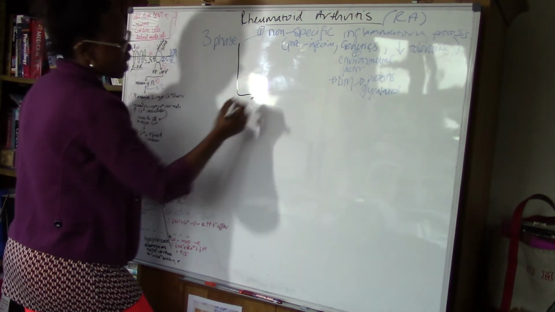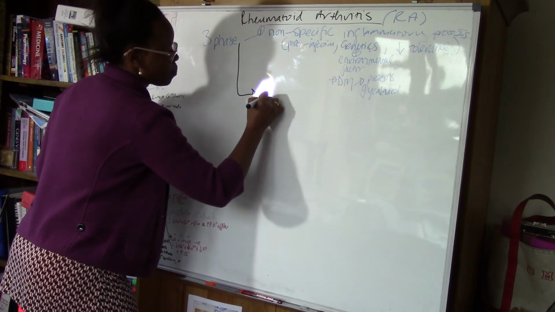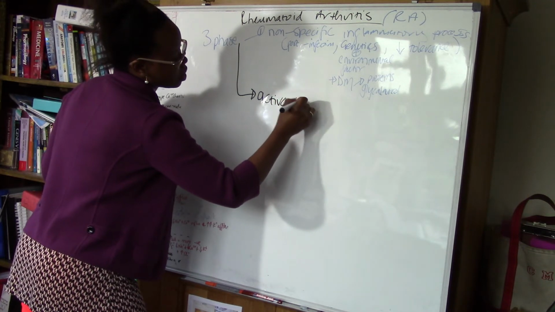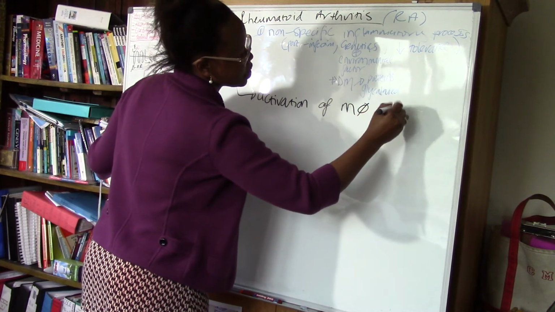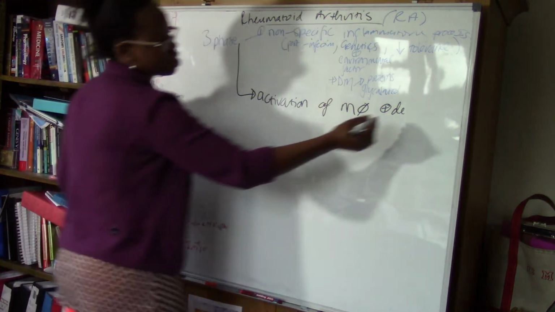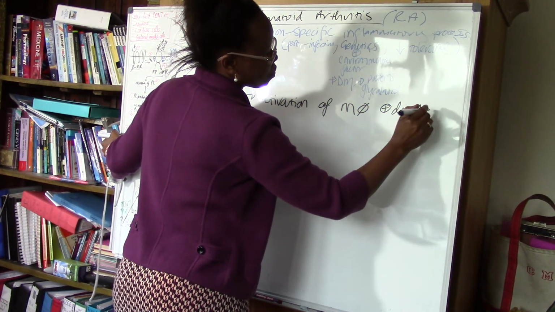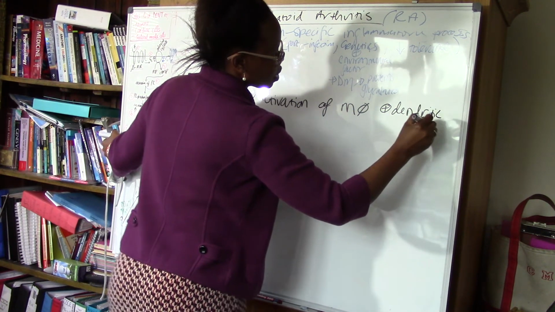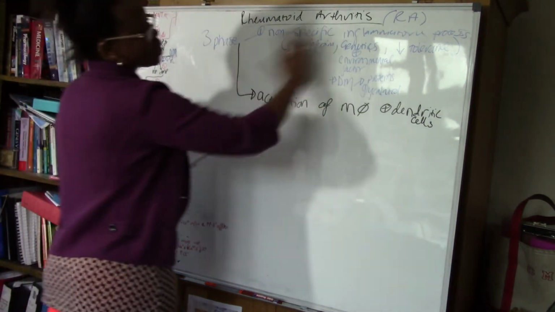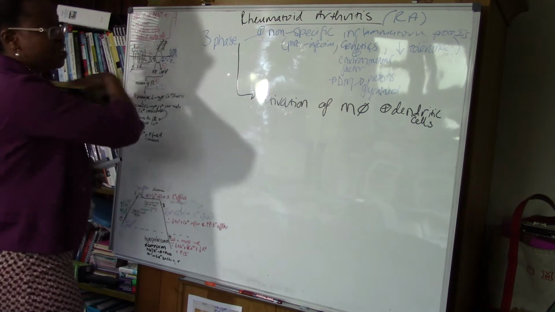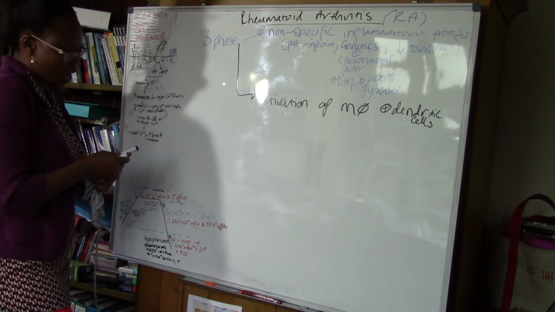So the second phase will be the activation of macrophages, and indeed dendritic cells, which are really part of macrophages. The activation of macrophages can be due to whatever that underlying inflammatory process of non-descriptive basis, which is non-specific as well.